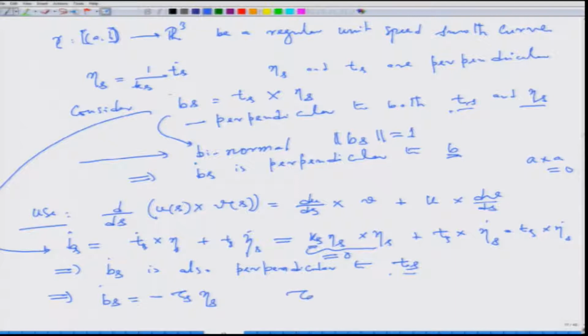This quantity tau s is referred to as the torsion of gamma. This makes sense only in R3, because in R2, this cross product does not make sense. If I have two vectors in R2, that cross product does not make sense. So, the torsion only makes sense for curves in R3.